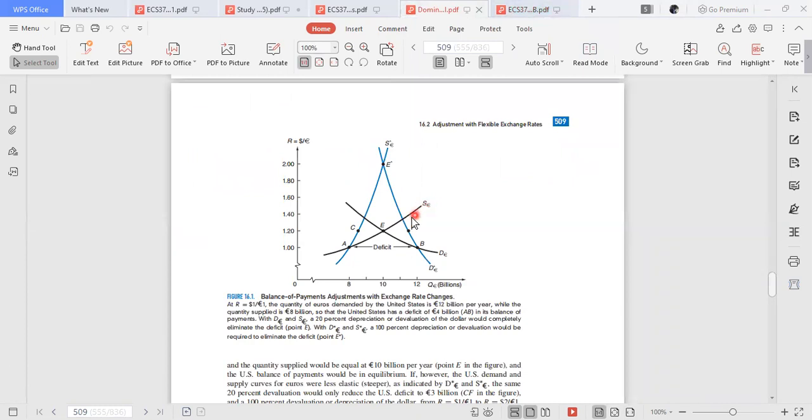This is the supply for what? Which currency is this one? For euros. This is the demand for what? Pound, sorry. No, that's correct. Euro is correct. You're right.